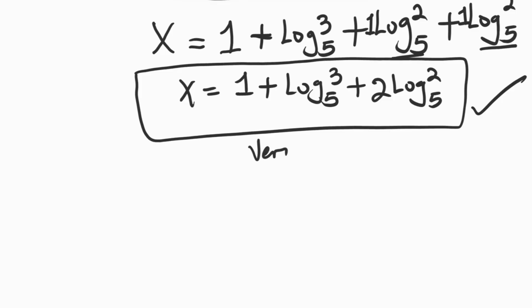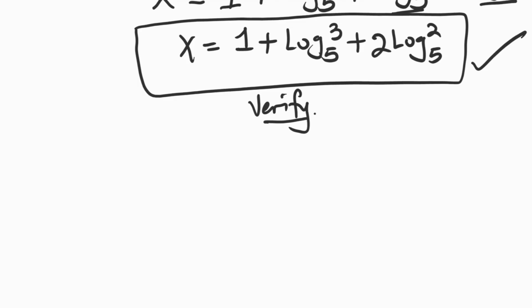We're going to go ahead and verify just to make sure that this value of x is the correct answer to our question. So our question states that 5 raised to the power x is equal to 60. So the task is to prove that when we plug in the value of our x here and we solve it, we would be able to get 60.